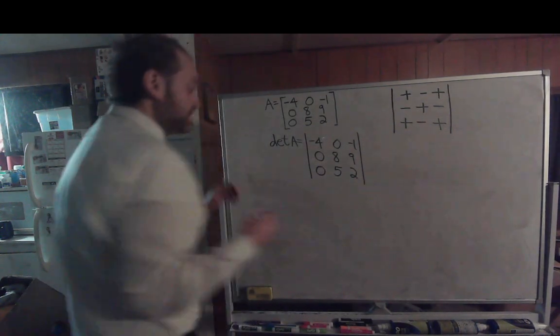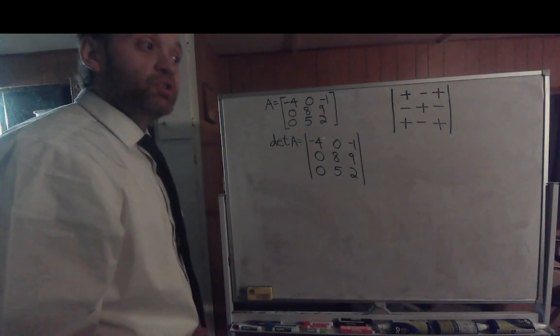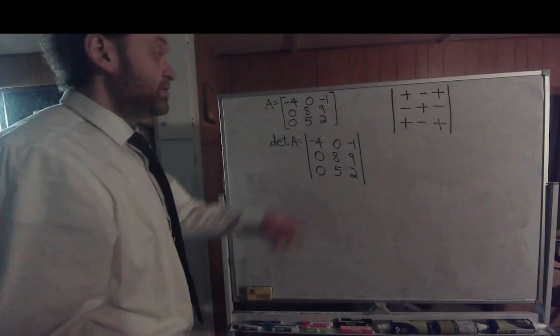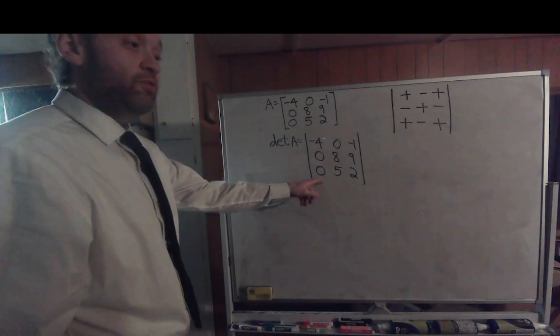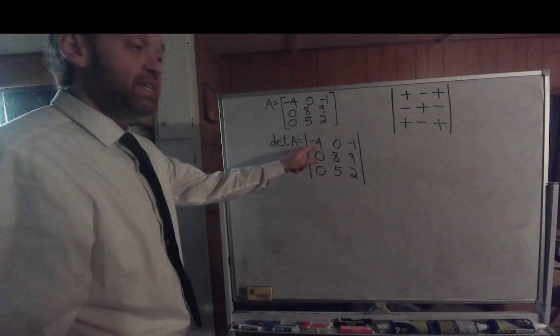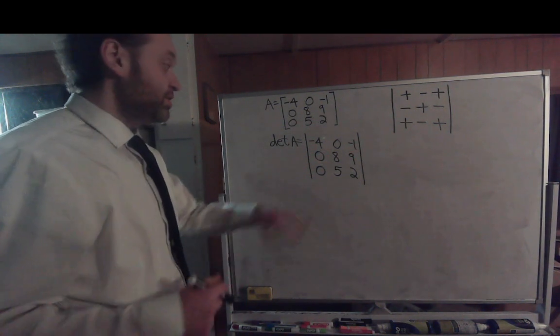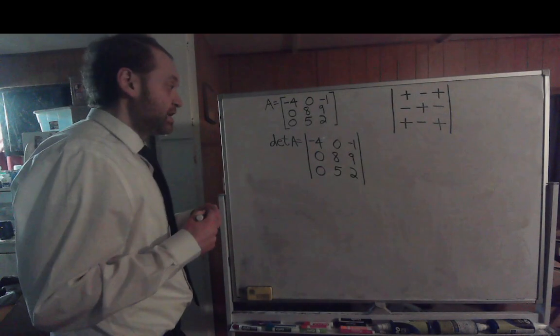We really lucked out with this matrix. You know why? Because, as I said, you can pick any row or column you want to expand this. If you look at column 1, you have 2 zeros, which means if we stick with column 1, you only need to consider that -4. Isn't that nice? You have 2 zeros, so you only have to do one 2x2 determinant, in other words.